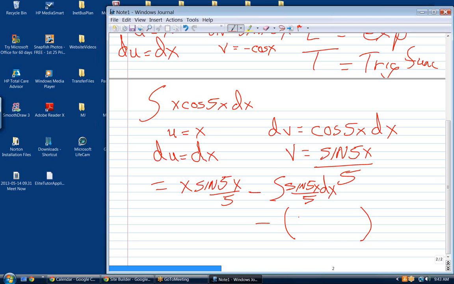It's going to become negative cosine of 5x divided by 5, but now it's divided by 25 because 5 times 5 is 25. If I were to take the derivative of this, I would get sine 5x over 5. So this all becomes a plus, and that's your answer.